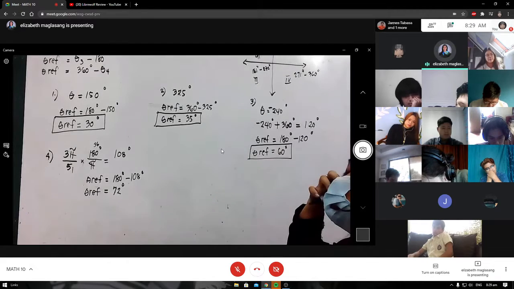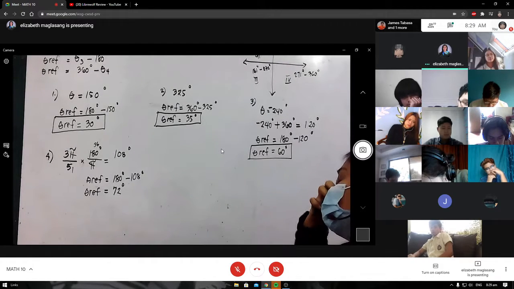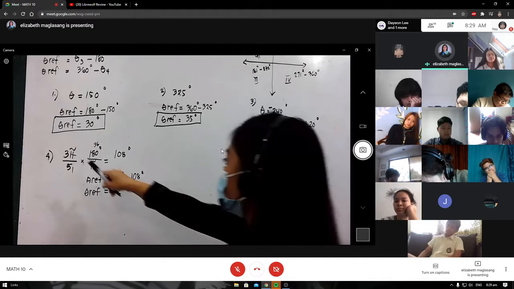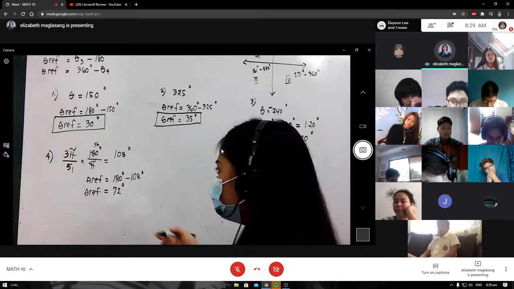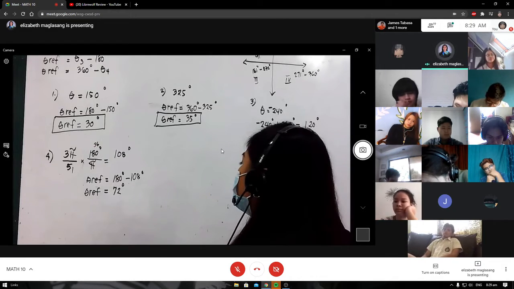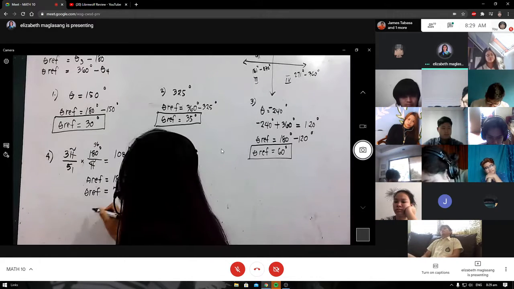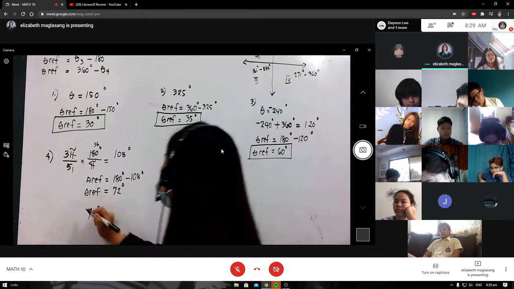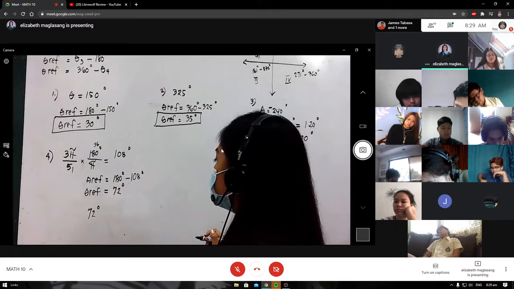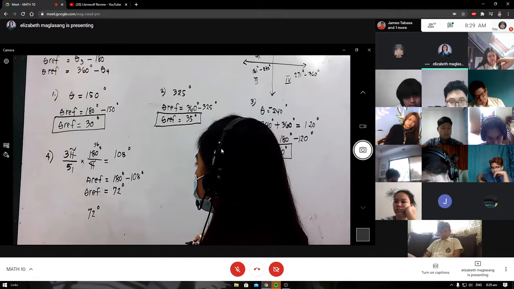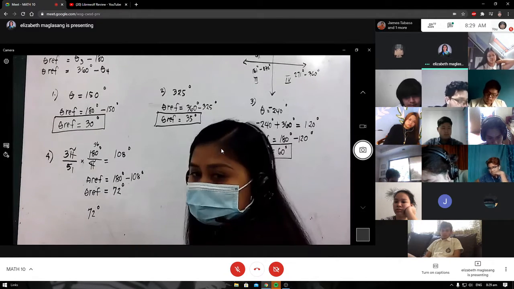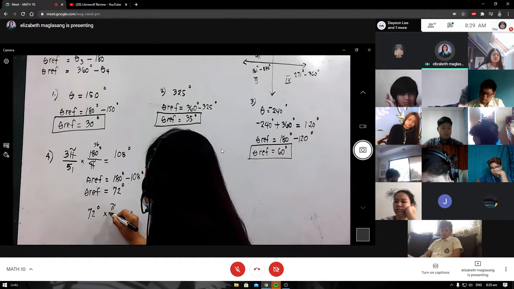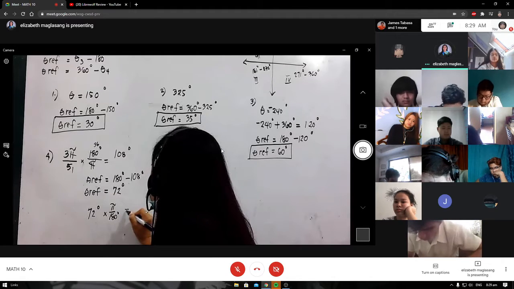Okay. So you have now the reference angle in degrees, but the given there is in radians. So you still have to convert it into radian. So 72 degrees, convert it into radian, and we multiply by pi over 180 degrees.